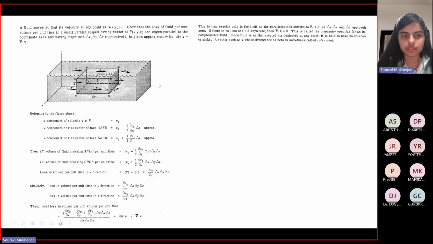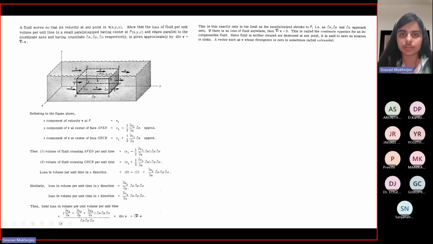If you want to find the total loss, you'll find something like this, right? You add up all these losses, and in the limit where this quantity goes to zero, what you get is this term here: del V1 del x plus del V2 del y plus del V3 del z. That is nothing but your divergence. So what you're getting back is divergence.